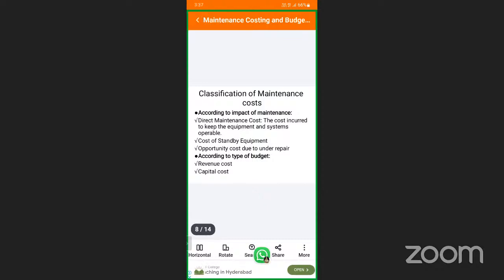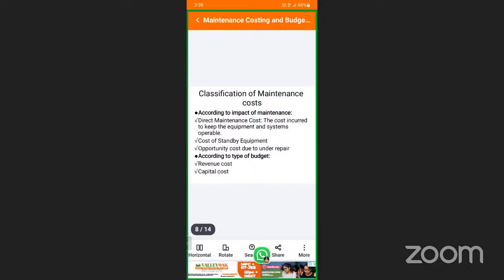We allot a percentage of the 10 lakhs, say 1 lakh, for all the 10 years. That is capital cost. Apart from that, every year we have a budget. If we are including maintenance cost in that particular year's cost, then that is known as revenue cost.